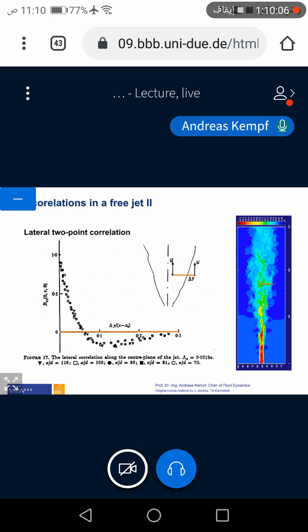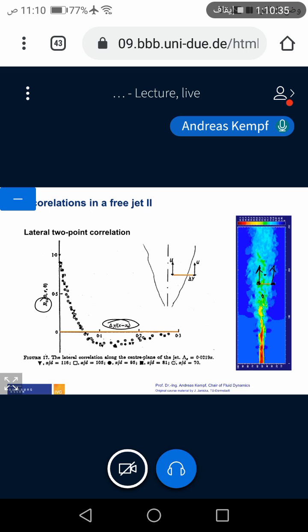We can not only look at the correlation of the velocities in axial direction, spaced out by points in axial direction, but we can also space out the points in spanwise direction or sideways direction. So here, we end up with this correlation function, and this time plotted not over the axial spacing of the points, but plotted over the sideways spacing of the points, so delta y.